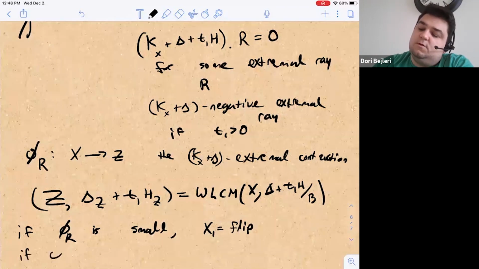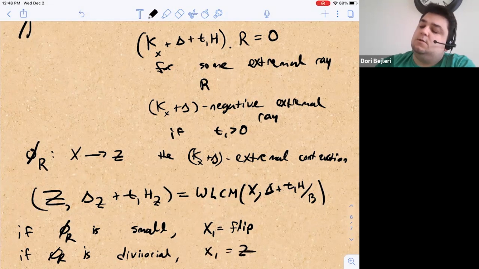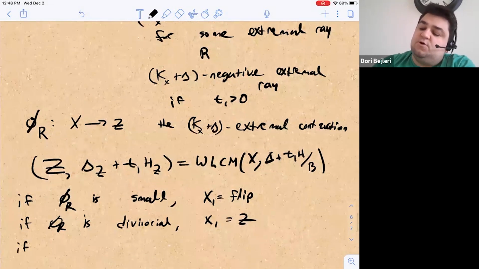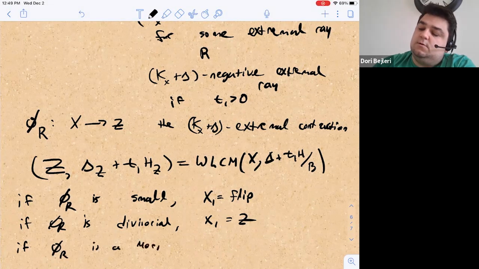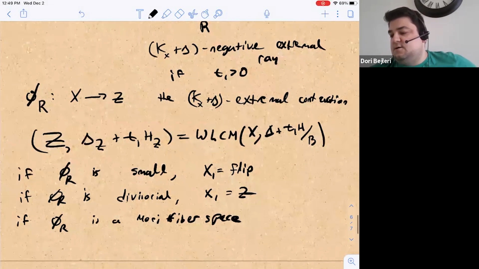If V_R is birational, is divisorial, then X1 is just Z. And if it's a Mori fiber space, well, then we're done. That's the output of our minimal model program, and we're done. And now we repeat on this X1.